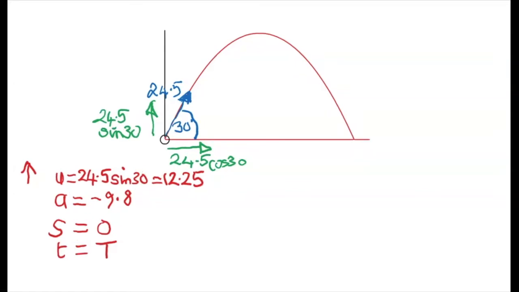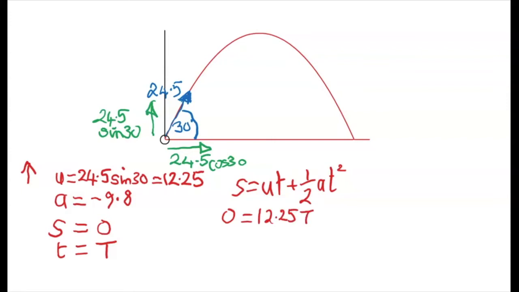We need an equation that connects u, a, s and t, and that is s equals ut plus a half at squared. So s is 0, u is 12.25, t, half of minus 9.8 is minus 4.9, and we've got t squared, so we have this quadratic equation to solve.